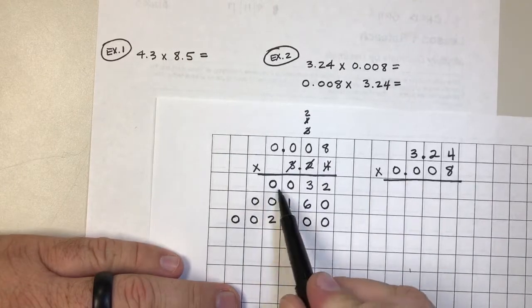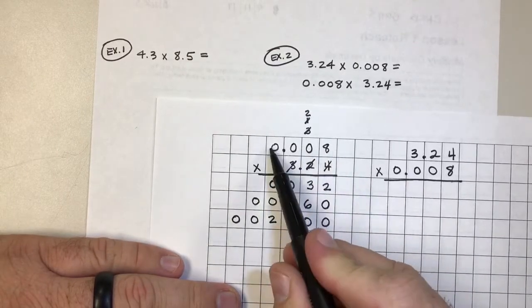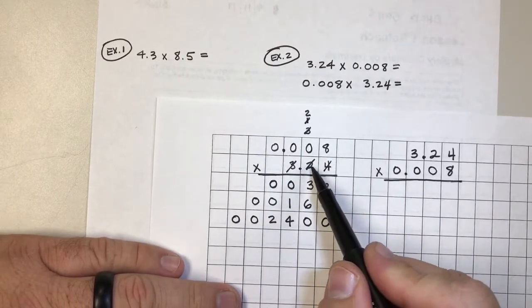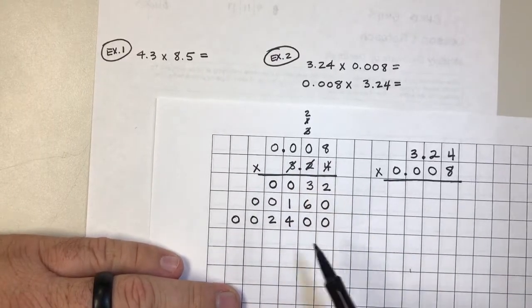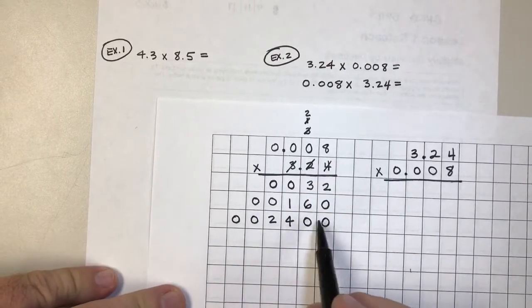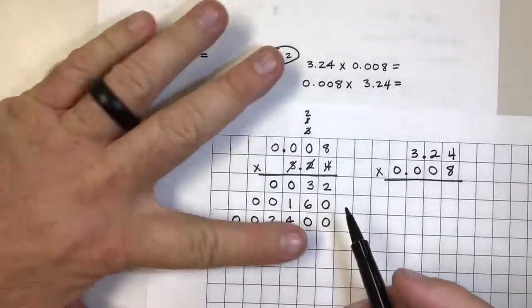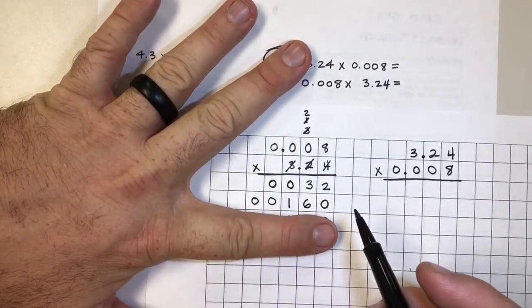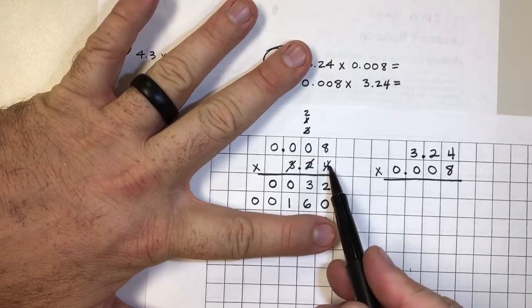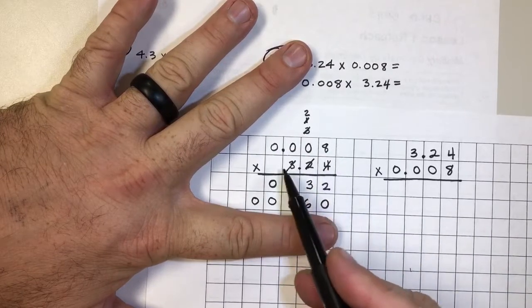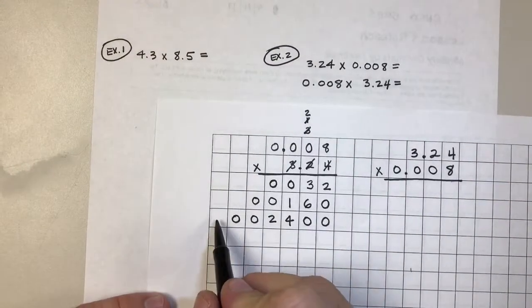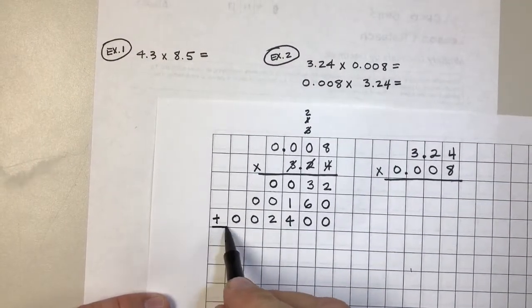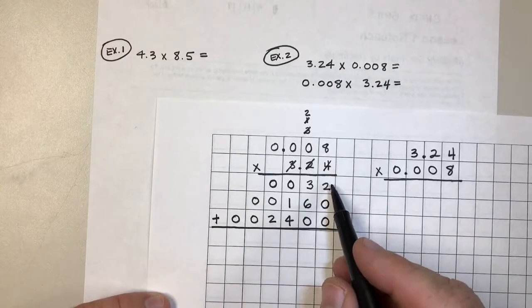We have our partial products for 4 times everything, for 2 times everything, and for 3 times everything. Students got confused today with this. They wanted to stop here, so we had to remind them that we've got to do multiplication by all of the digits, so we needed that third partial product, or that third row.